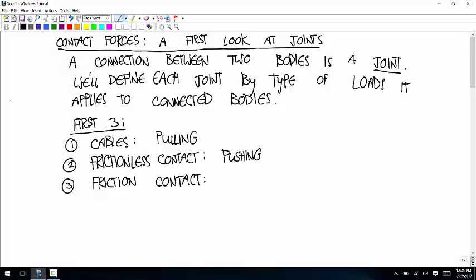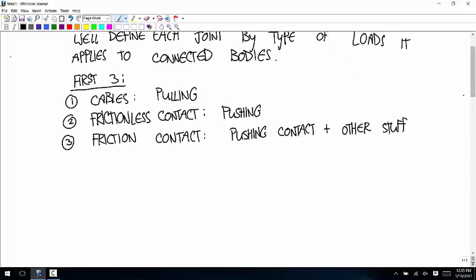And that's a pushing contact plus other stuff. The other stuff is the friction. And so mathematically, I'm just going to go through these three and talk about how to treat them. So first, cables.